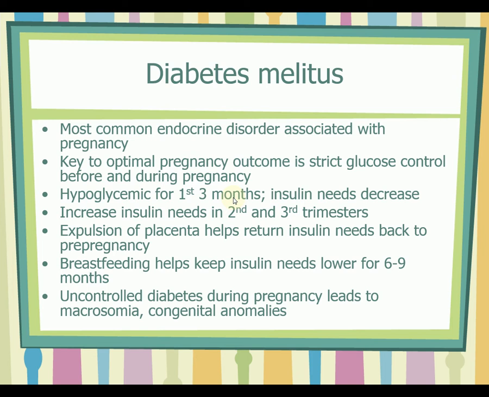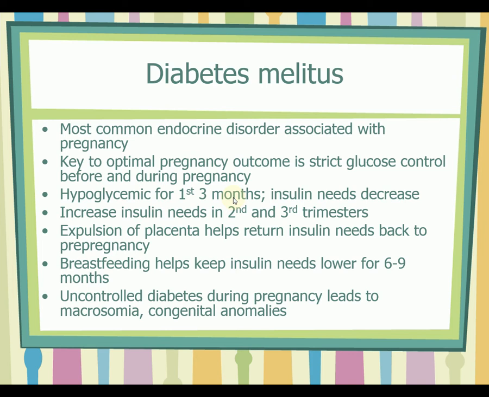Once that placenta is delivered, the insulin needs usually will return back to normal in a pregestational diabetic within a few days. But the first 24 hours are very important because mom's insulin needs, again, will be lower because she is recovering from having the baby and there's no longer any insulinase being produced to keep the insulin blocked.